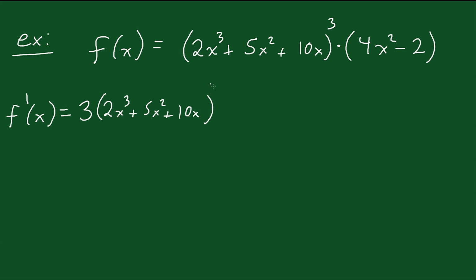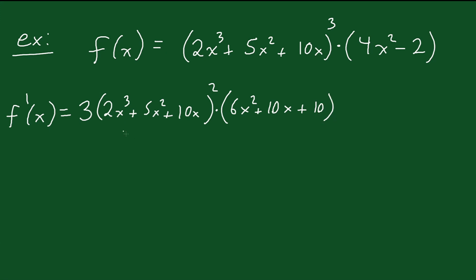But now the exponent is a 2, right? It shrinks by 1. That's your power rule. But the thing on the inside, right, where x would normally be, is not simply x, it's something more complicated. So we have to multiply this by the derivative of the inside. That's the chain rule. So we're going to have 6x squared plus 10x plus 10.